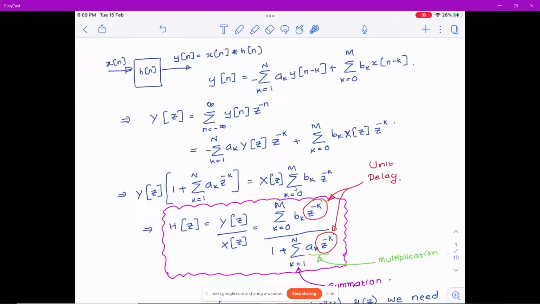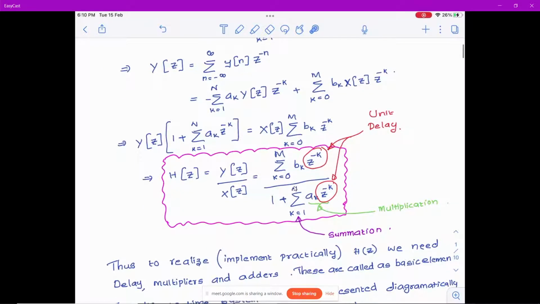Apart from this, the equation has scalar multiplications with the constant bk in the numerator and ak in the denominator. And there are also adders, summation blocks.